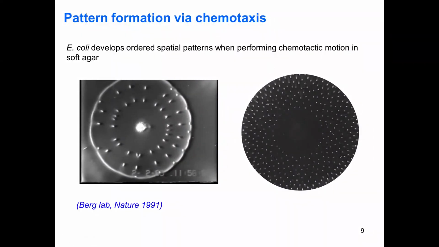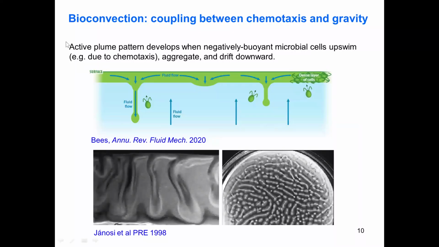So when this chemotactic bacteria is coupled to an external potential field, like here in particular the gravitational potential field, they can develop a pattern called bioconvection.